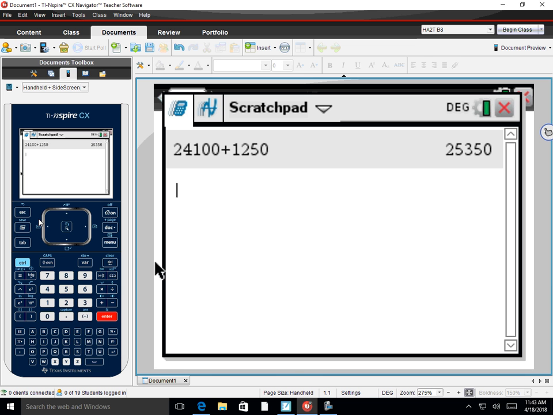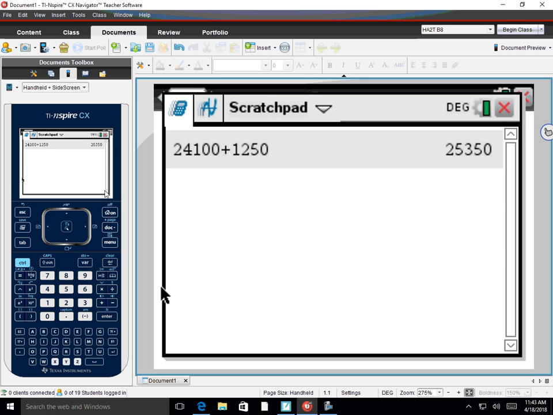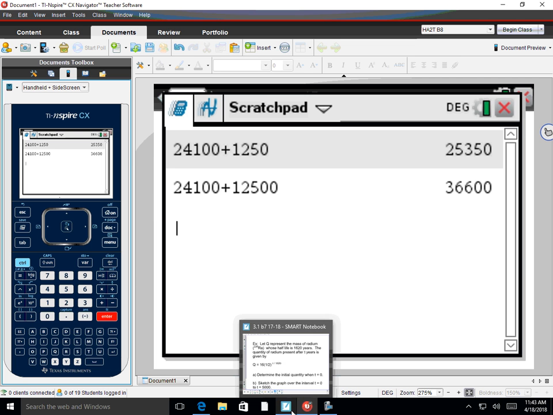So that's 25,350. I think he wants another 0. Oh, you want another 0 here? It doesn't let me do that. Let's see. Yeah, 12,050. Enter, come on. So you want another 0 here. So you want 36,600. Oh, yeah, that's before the 5.